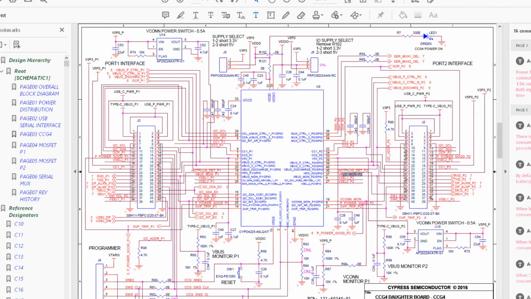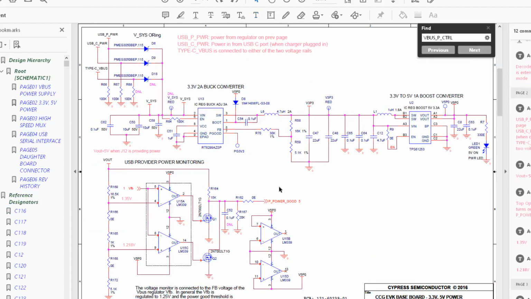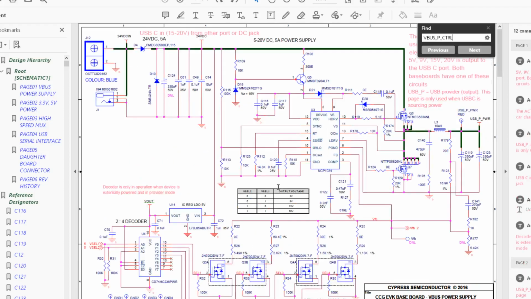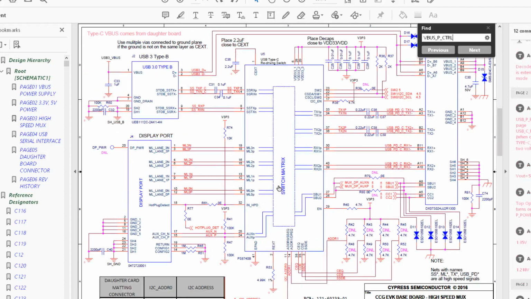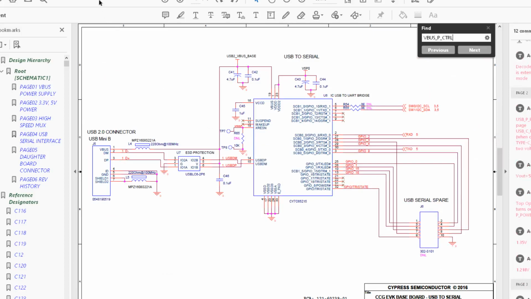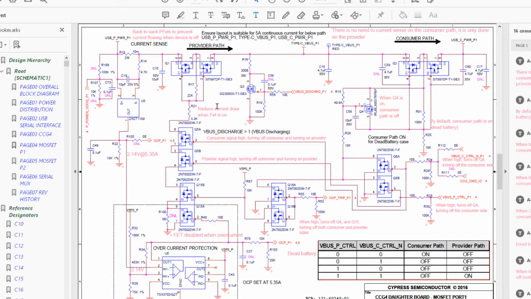I think it comes from the feedback line, the regulation feedback. I remember seeing over here. Alright.